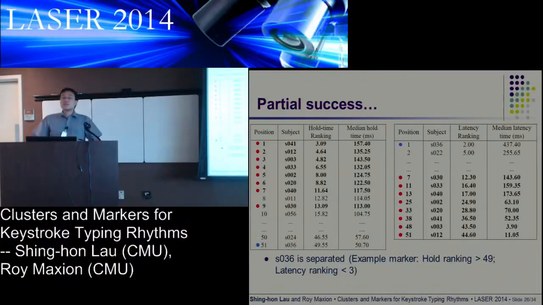Yeah, so what you've described is essentially the free text problem. That is, you have different people typing different things. These may not necessarily have overlaps, both in terms of characters and also in terms of digraph pairs. The hope, of course, is that you would be able to develop such a framework to work on free text.